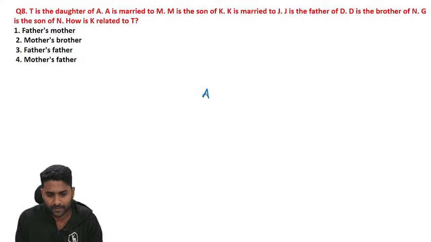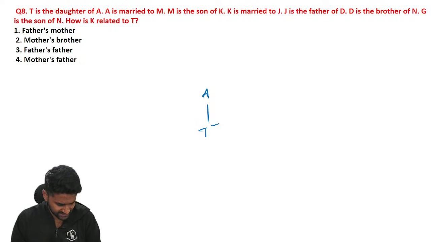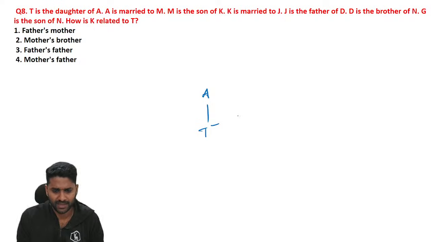T is the daughter of A. See, for male, I'm just using a positive symbol, and female is negative, for understanding the gender in the data. A is married to M. M is the son of K. If M is the son of K, we conclude that A is female.